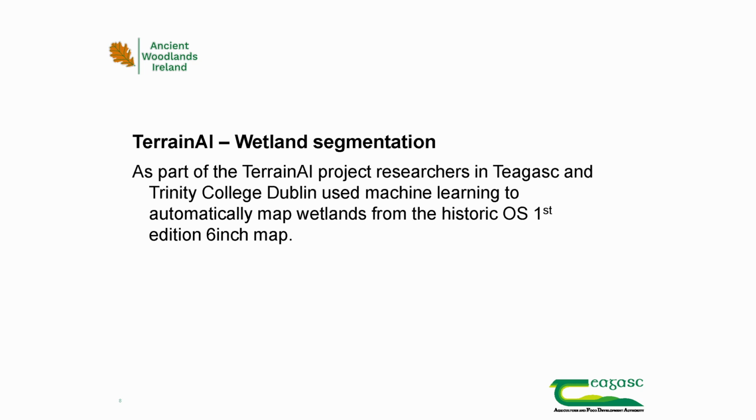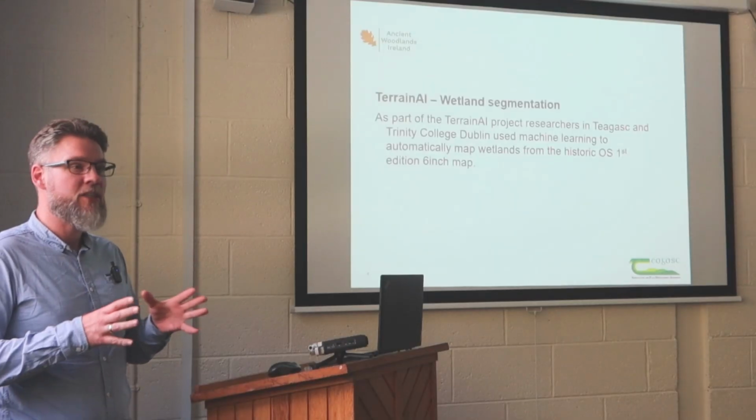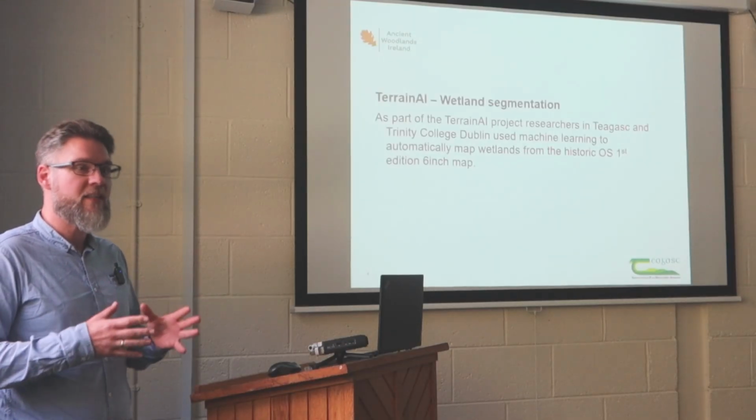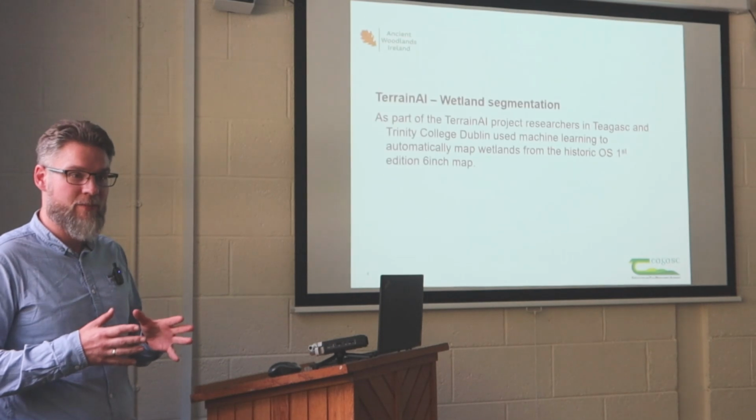So as part of the project, we, and by we I mean a team consisting of Teagasc and Trinity College Dublin, so myself, Stuart Green and Rob O'Hara in Teagasc, and Richa Mavaha and Matthew Saunders in Trinity, looked at whether we can digitize the wetland symbology from the historic OS maps.